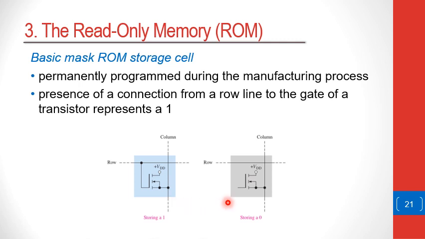However, if a 0 is stored, there is no connection between the row and the transistor gate. So when a row is selected, because there is no connection here, the voltage here will remain at 0 and a 0 will be read on the column.